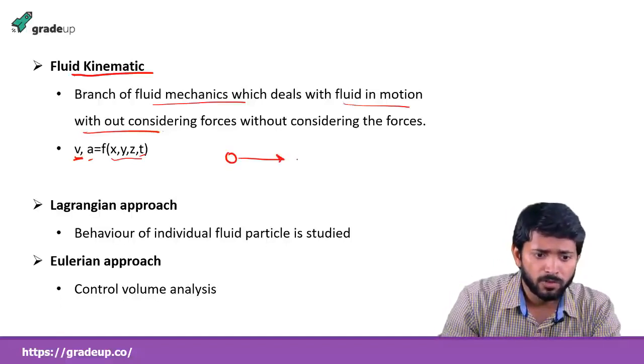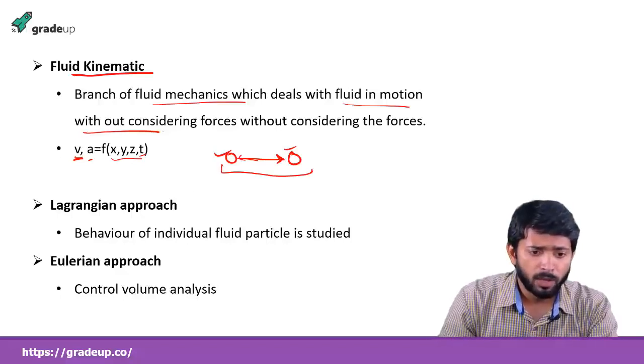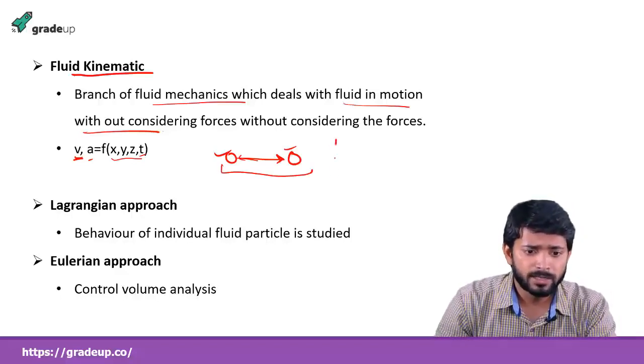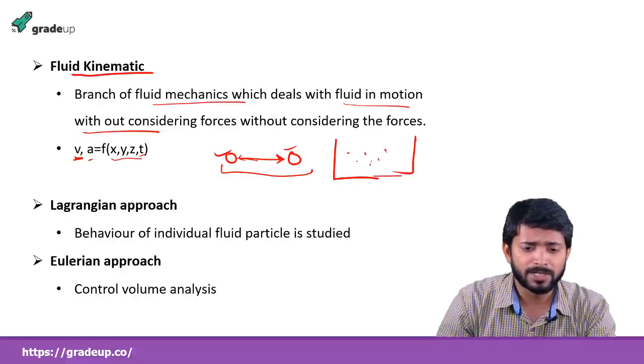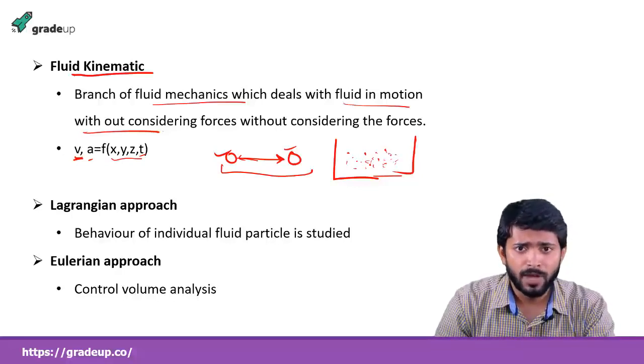So what we used to do is study a single body in mechanics. But in fluid mechanics, there are various numbers of fluid particles. So the individual study of every particle is very difficult.